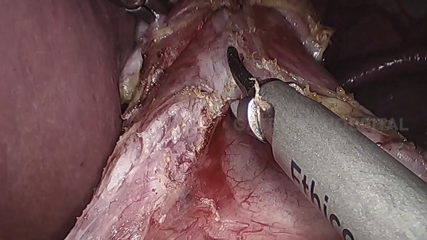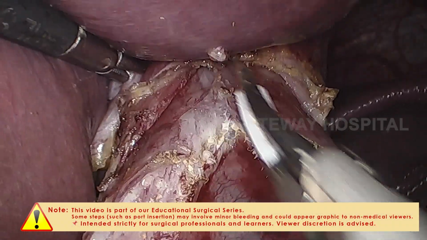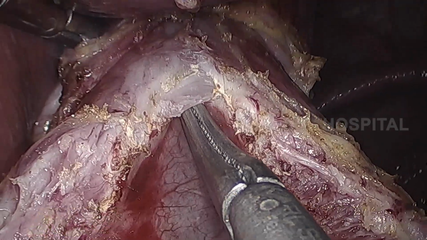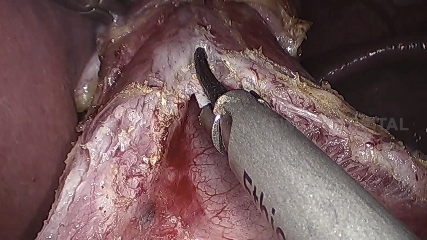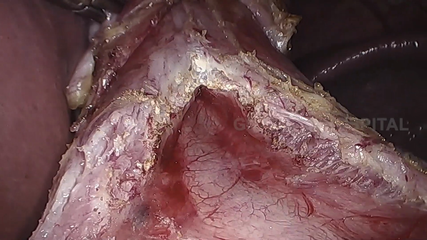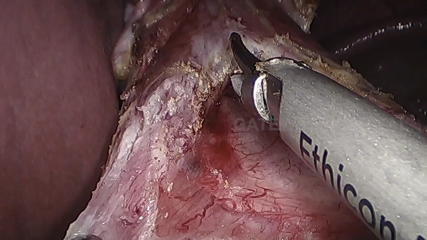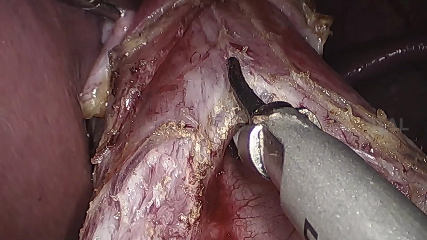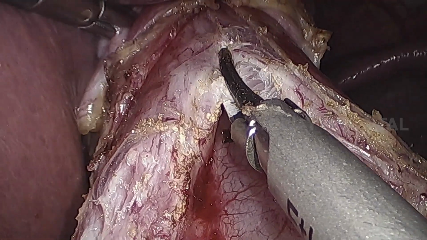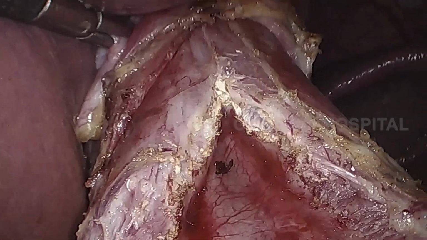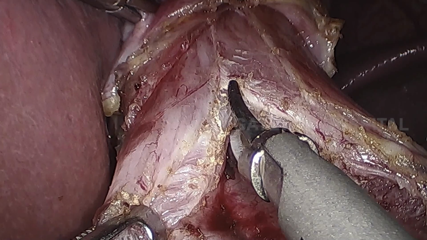While using this curved dissector, you should make sure that the tip of the dissector is facing the circular muscle fiber, and you have to slide it along the circular muscle fiber, not along the mucosa. And you can also appreciate the thickness of the muscle layer. You can see the circular fiber as well as the longitudinal fiber very nicely.